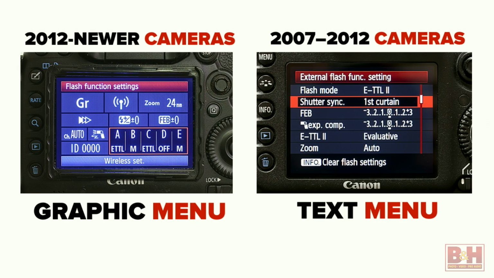Controlling your speedlight from the back of your camera provides a lot of advantages, particularly with this remote control capability we have with radio. Now, depending on the model year of your camera, what do I mean by that?